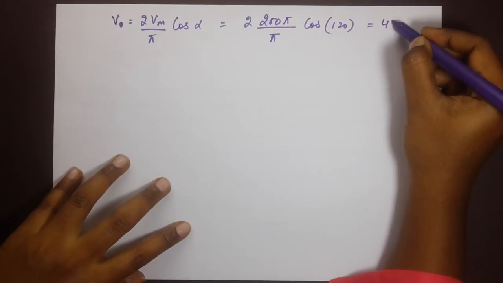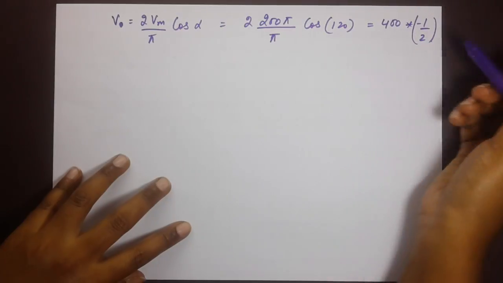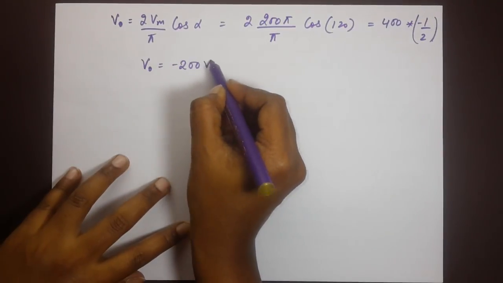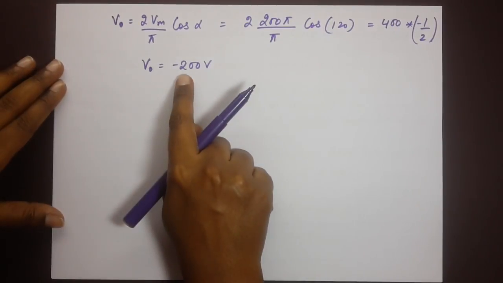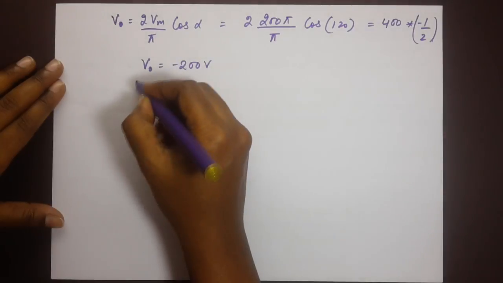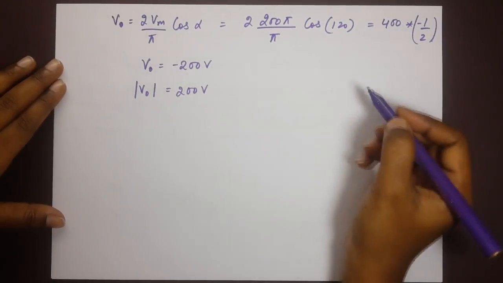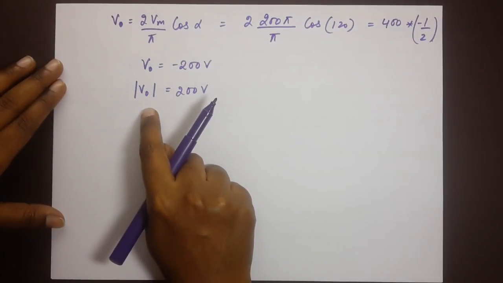So it's 400 into minus 1 by 2. So we have V naught is equal to minus 200 volts. Since we have V naught equals minus 200, let's take the magnitude alone. So the magnitude of V naught is 200 volts. So we have V naught, we still need to figure out the value of I naught.